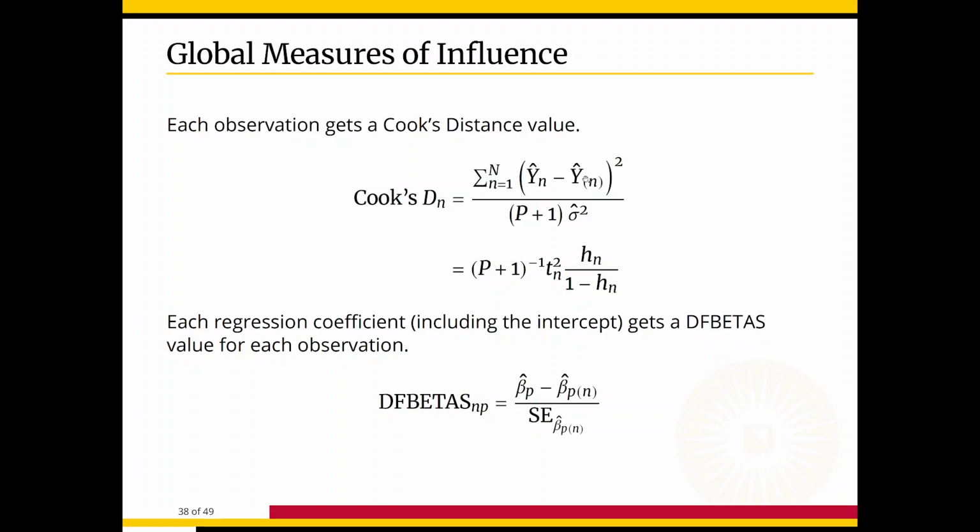This quantifies the difference between those two models, the one where n is excluded and the one where n is included. We square those deviations and we sum them, and then we divide by basically the standard deviation. We standardize the difference. So this is like a mean squared error sort of thing, but we're comparing the deletion model to the non-deletion model.